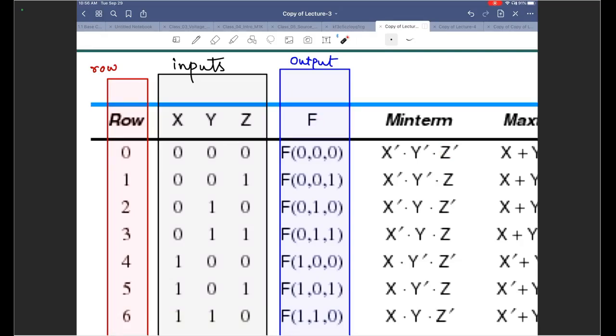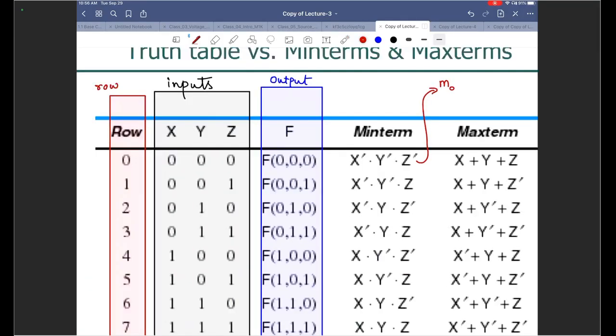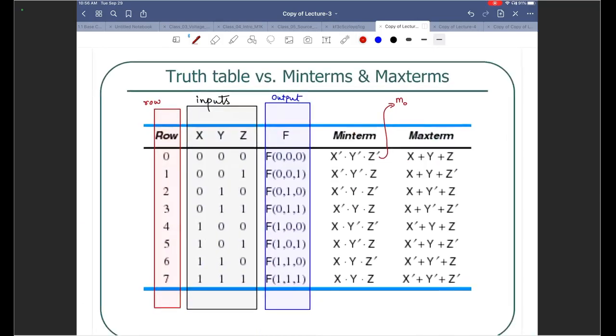The minterm subscript we can use is small m subscript 0. So I can just simply write this over here: small m for minterm and subscript 0 for row 0. And similarly, I can write for this guy. For this guy, it would be small m subscript 3.